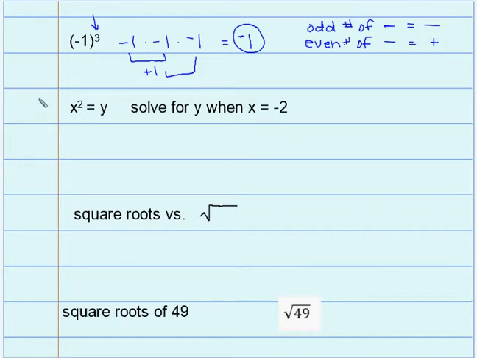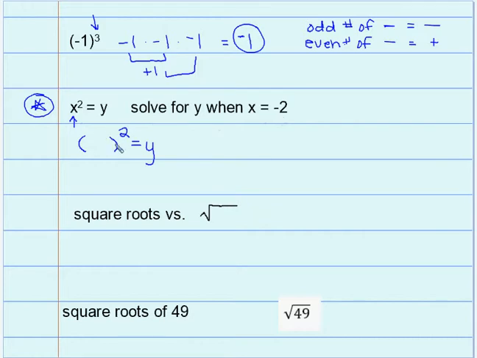Okay, now this one is one that you will struggle with if you do not pay attention to detail. This says x squared equals y. Solve for y when x equals negative 2. Now, anytime you do substitution, you need to get in the habit of rewriting the problem using parentheses where the variable is that you're going to replace or substitute the value for.